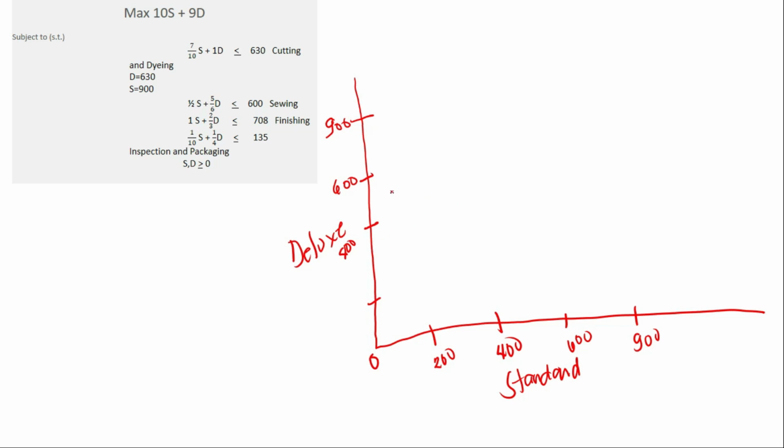For the deluxe, we have 630, so this is the point. And for the standard, we have 900, so it is here. Just be careful with your graphing, because if the graph is not done well, then our solution for the optimization of our mathematical model will not be okay.